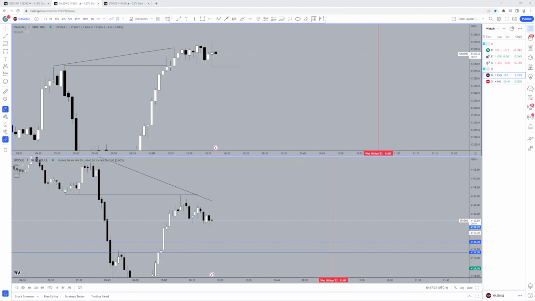Let's see what this candlestick does. Okay, I like this candlestick. I like it a lot, but it still has to break structure.